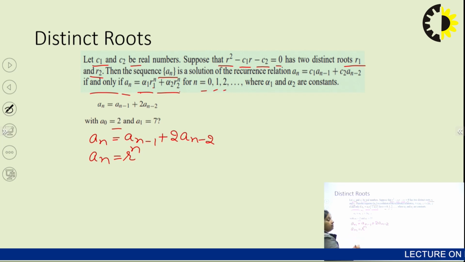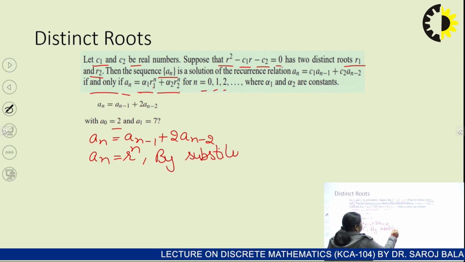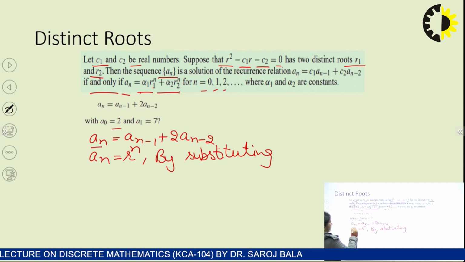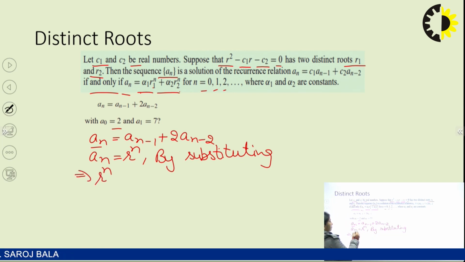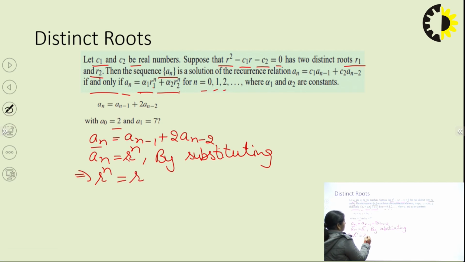By substituting this assumed solution, we will get r to the power n, because an is substituted with r to the power n, an minus 1 with r to the power n minus 1, and an minus 2 with r to the power n minus 2.